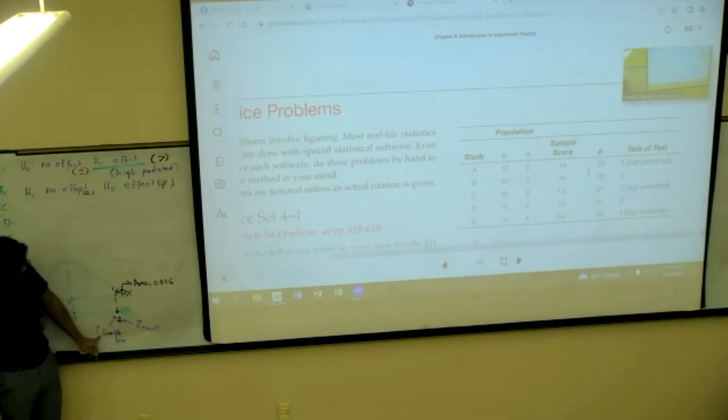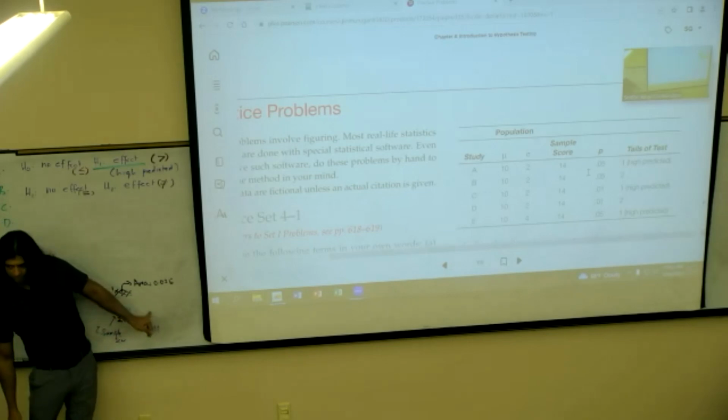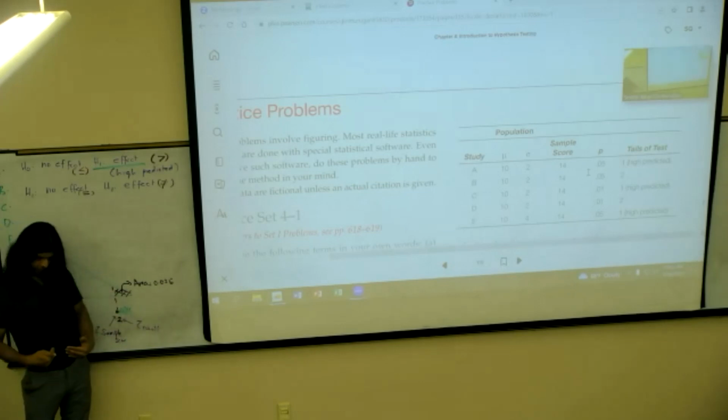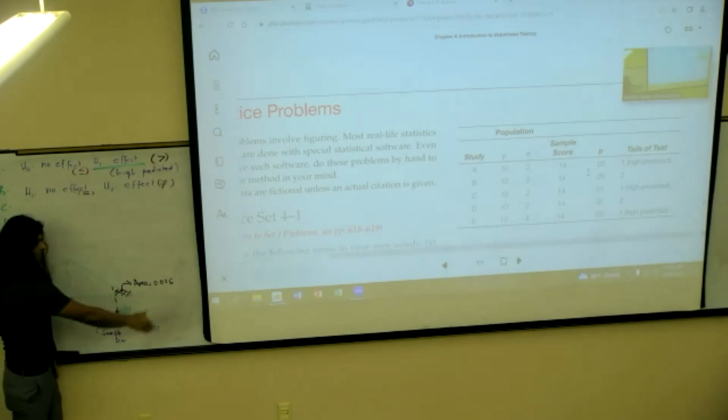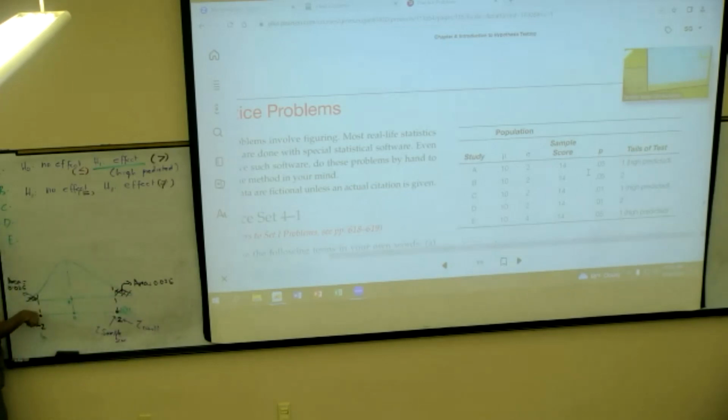If the sample score falls exactly on the cutoff, or if it goes past it, we reject. So if it falls right on top of it, or exceeds, same here, right on top of it, or below, we reject. In practice, though, this is a very borderline case. This is a case where you need further investigation because you're right at the border. So you need more analysis.